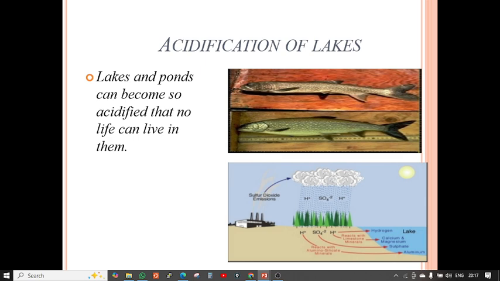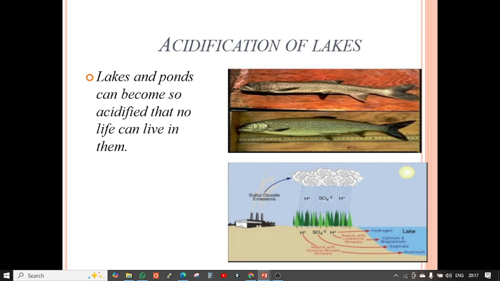So due to this low pH, lots of organisms die, they cannot survive, like lots of fish, frogs, and many agricultural plants also, and the soil will become acidified, lakes become acidified. So these are the consequences. So what is the relation here?